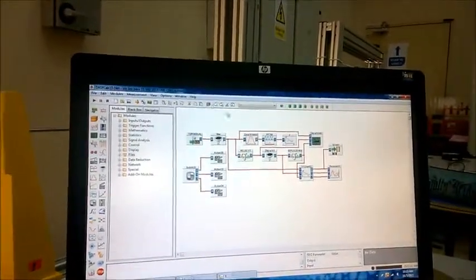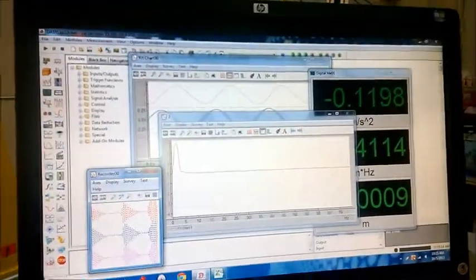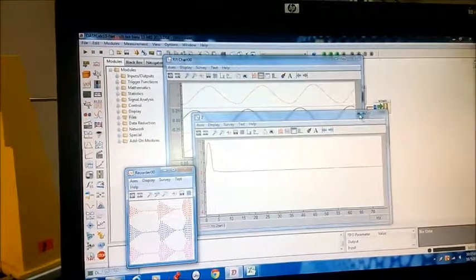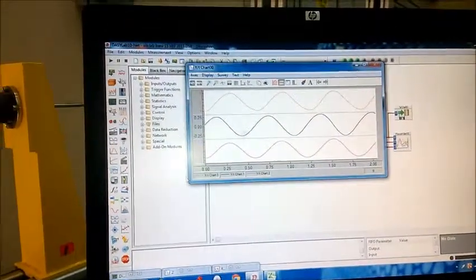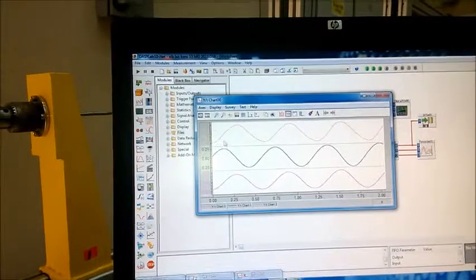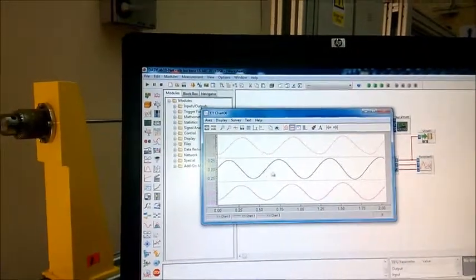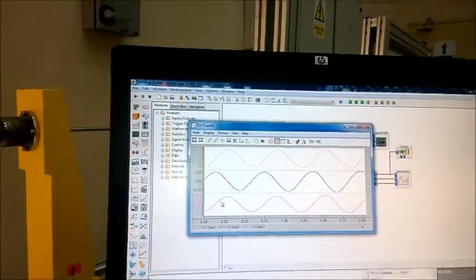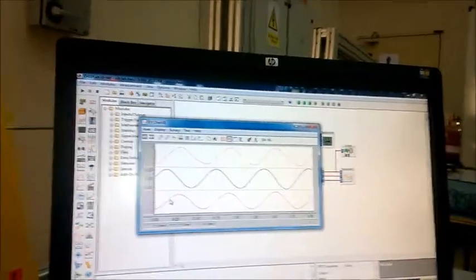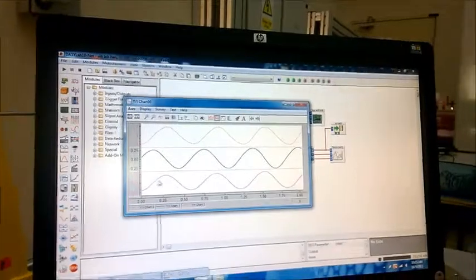As you can see, here is the graph. The red one is the acceleration graph, the blue one is the velocity graph, and the last one, the pink, is the displacement graph.